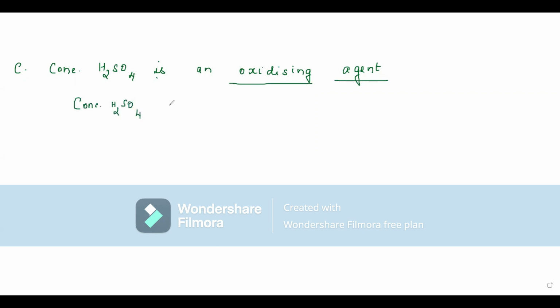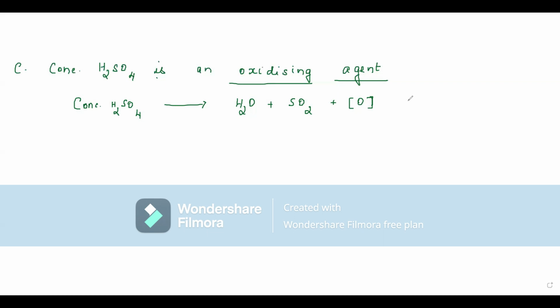When you heat sulfuric acid, or in other words, when concentrated sulfuric acid undergoes thermal decomposition, the products are H2O, SO2, sulfur dioxide, and nascent oxygen. Since thermal decomposition of sulfuric acid releases nascent oxygen, concentrated sulfuric acid is an oxidizing agent.